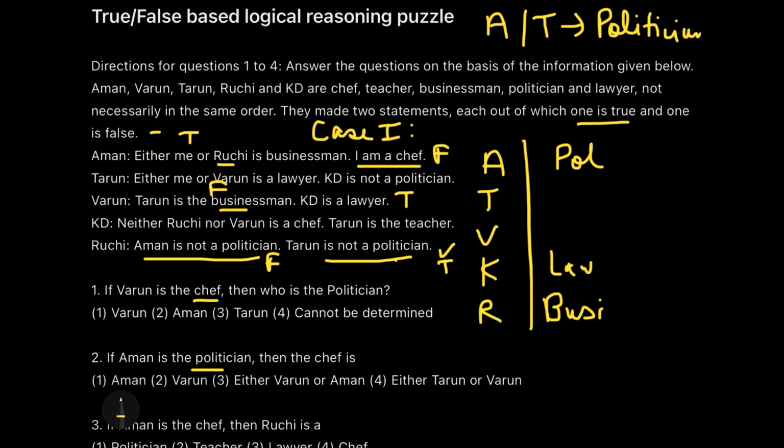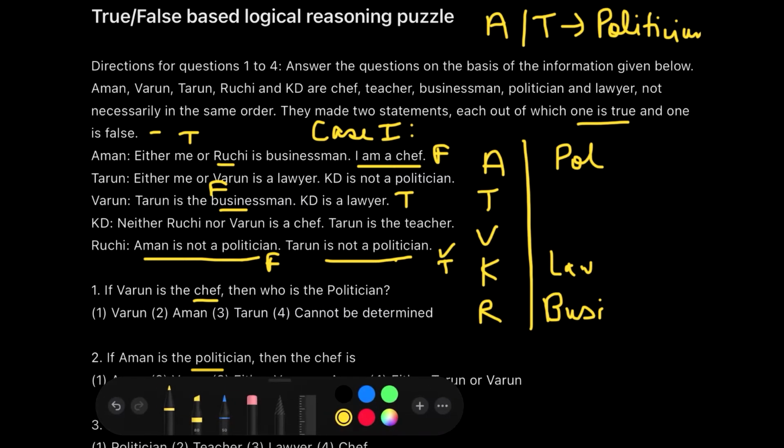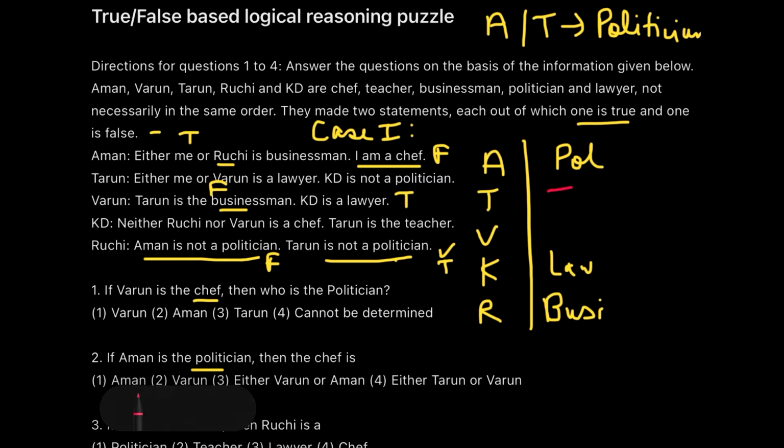Now we know that there are two professions left, teacher and chef. For teacher and chef, there are not various statements given except for KD. KD says that Tarun is the teacher, and if I consider that to be true, then we will be left with only one profession, that is chef. So for the time being, I am considering Tarun to be the teacher.